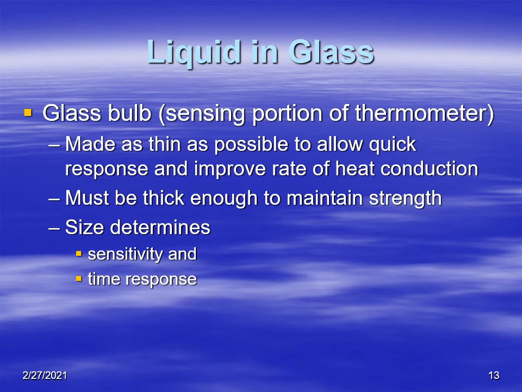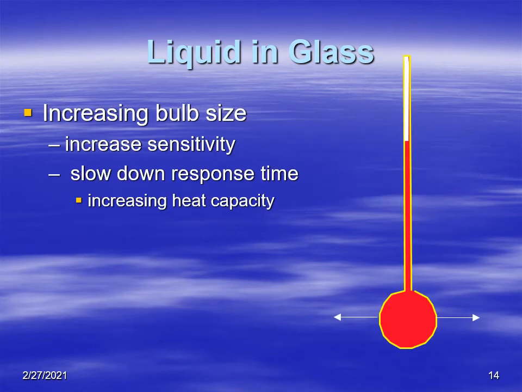And of course, we saw from the equation that the size of the bulb determines the sensitivity, but it also determines how fast the thermometer responds. If you have a big bulb, as the equation showed, a big volume of fluid means you'll have very good sensitivity.